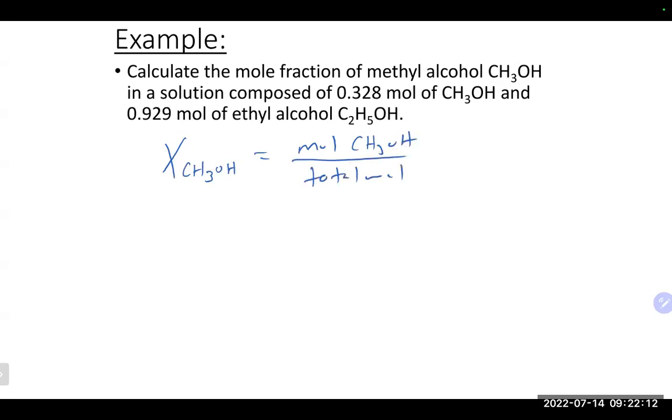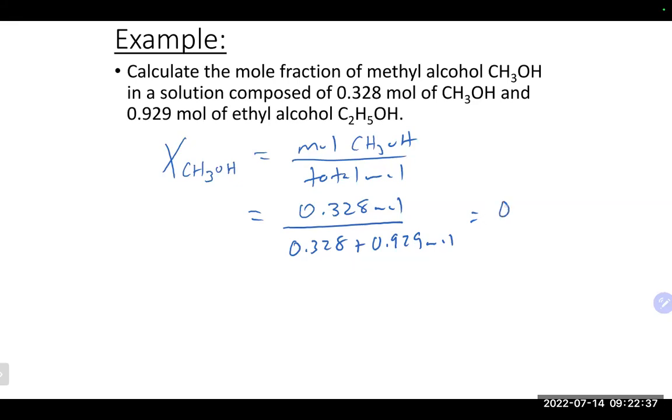So in this case, that would give us 0.328 moles divided by 0.328 plus 0.929 moles, which would be our total moles.